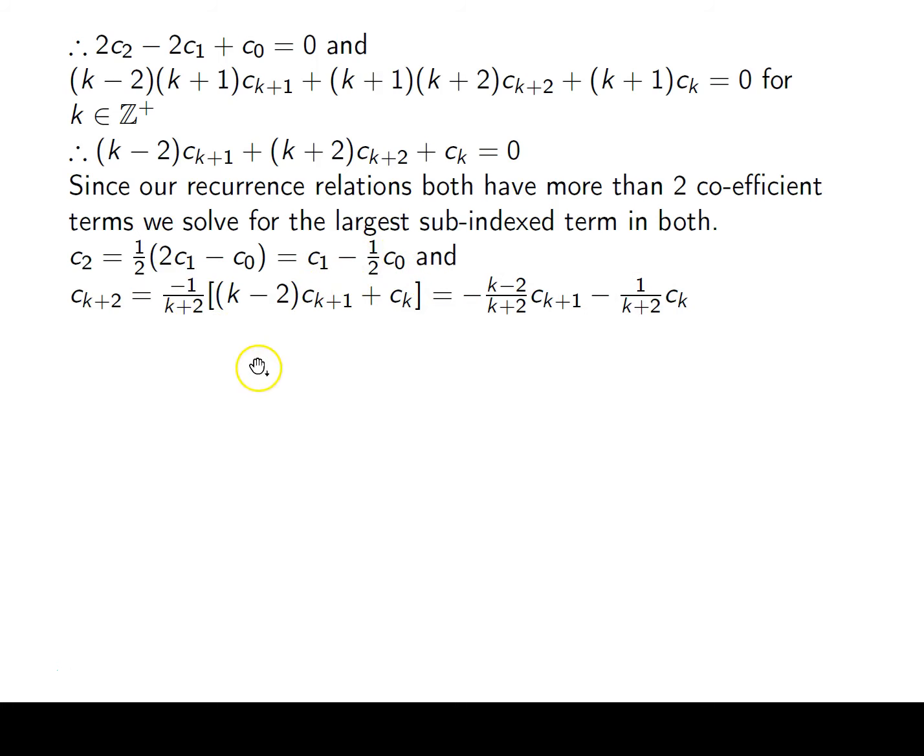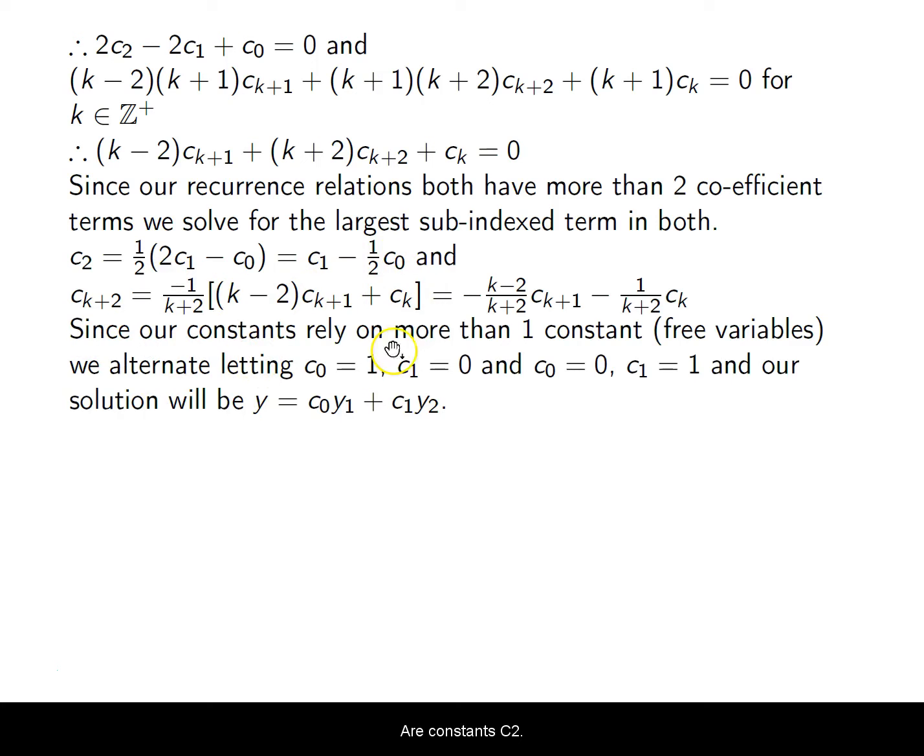Okay. So our constants, C2, it relies on 2 other constants, meaning we have a free variable. We can allow either one of these to be whatever they want to be, and C2 basically is based off of 2 different things instead of one thing. Okay, so on the easier problems, you will have one variable based on the other.